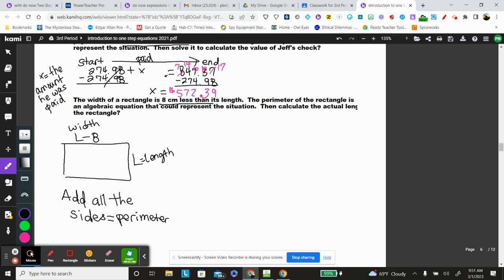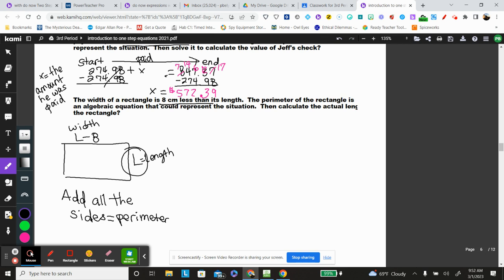If you have 8 less than me, to figure out what you have, I just need to subtract 8 from mine. So I'm going to subtract 8 from L. It's L minus 8.